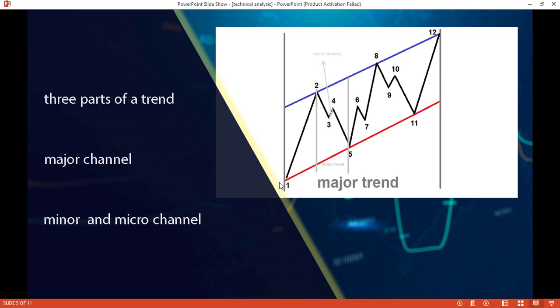Most experts start to buy in these parts, in these prices, or some of them start to buy when a trend line breakout has happened.